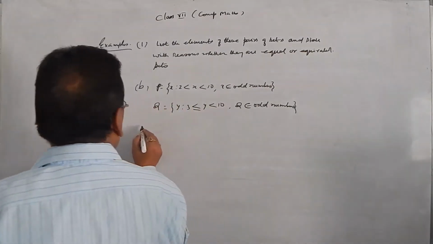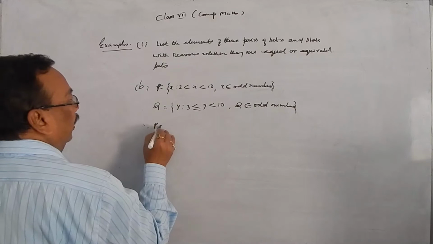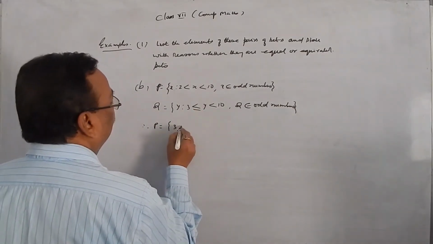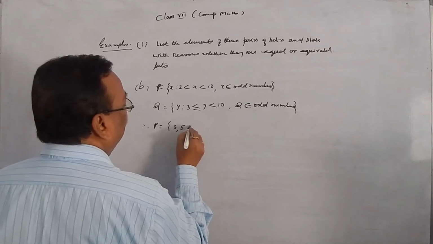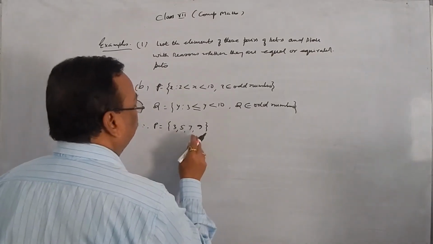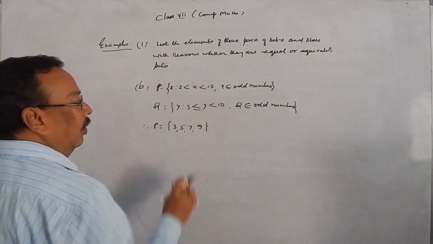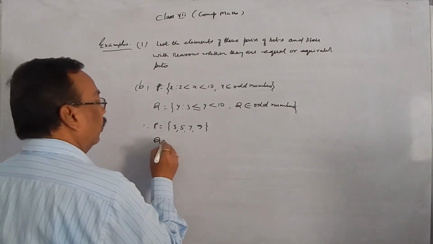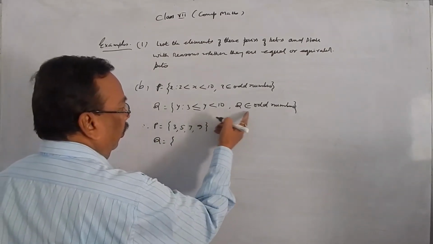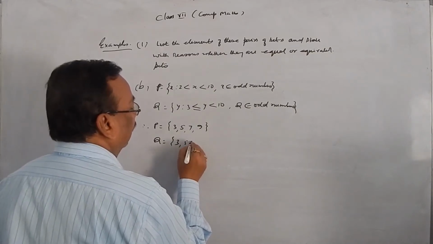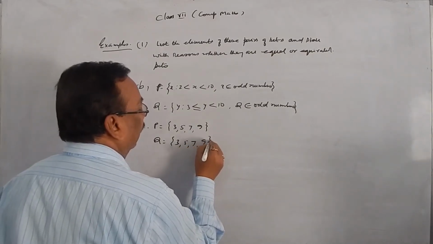So P equal to odd numbers 3, 5, 7 and 9. If we write 11, it is not less than 10, so we stop here. Q is odd numbers 3, 5, 7, 9.